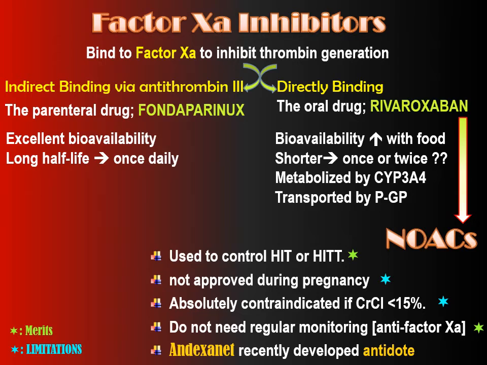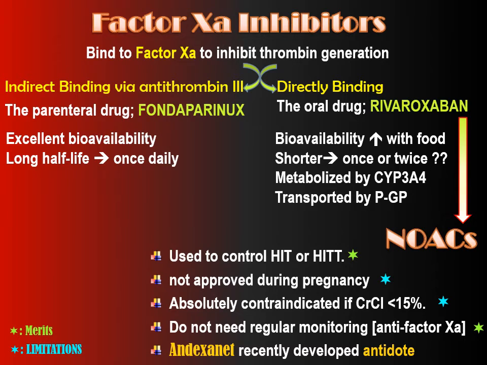What about the uses? Factor Xa inhibitors can be used to control the HIT or HIT thrombosis, but it's contraindicated during pregnancy. Also, renal functions have to be assessed before giving, because if there is severe kidney injury and creatinine clearance is less than 15%, it's an absolute contraindication because it is excreted mainly by the kidney.